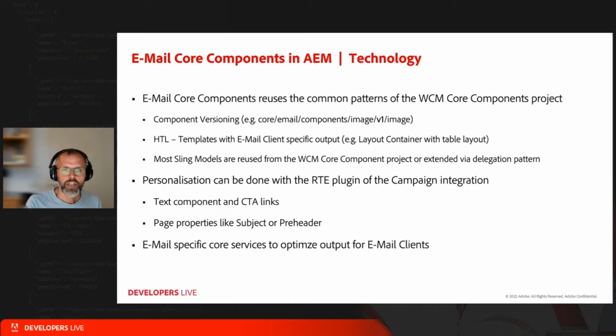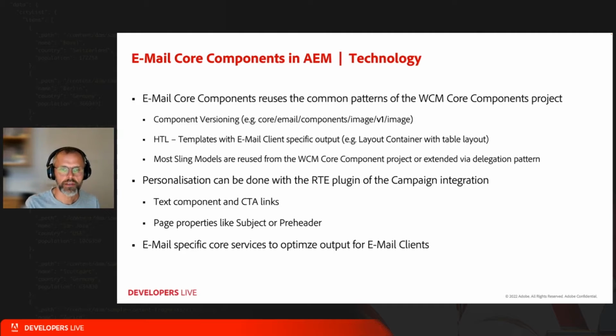Then the HTL is, as I already mentioned, specific to email clients with a lot of table layout, but the HTL files are reusing most of the WCM core Sling models. So if you have a look at the HTL files, you see all these use objects, which are very similar to the ones we already have in the WCM core components.